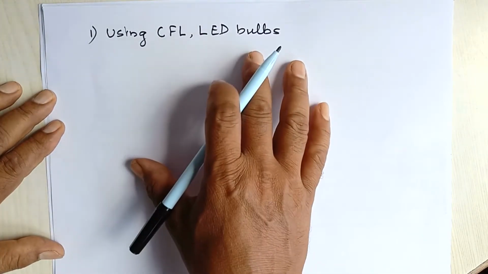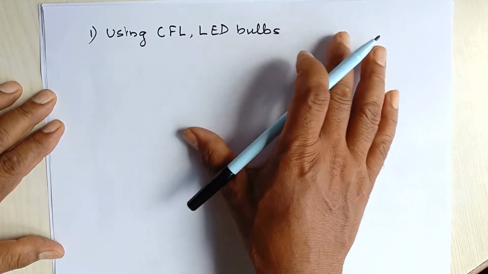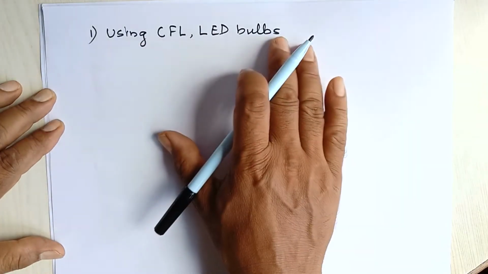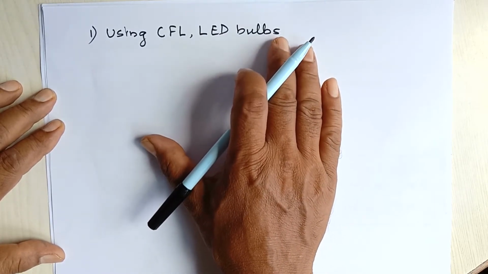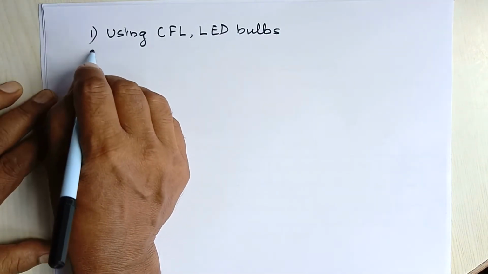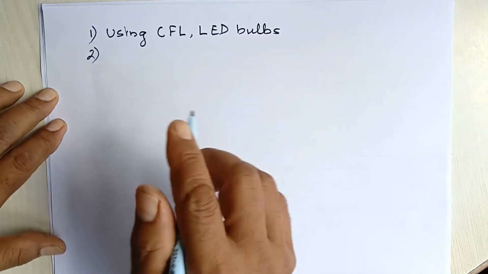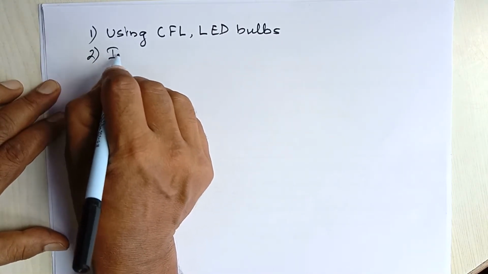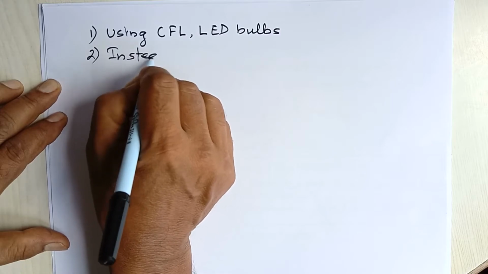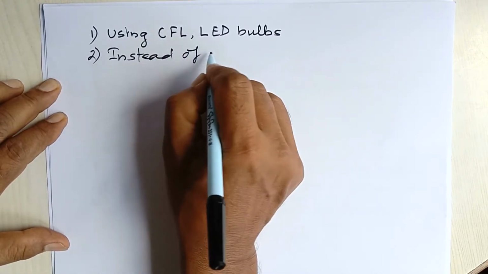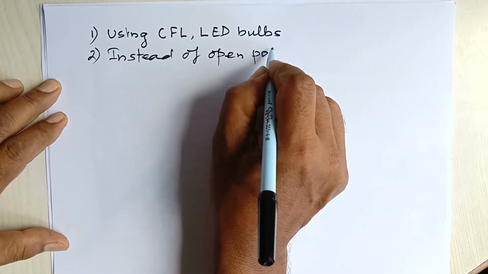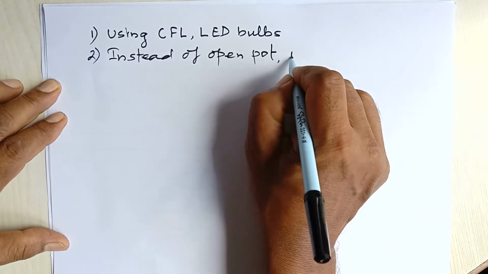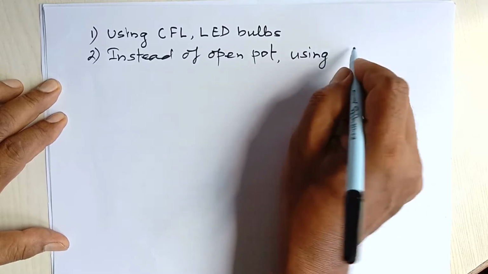So by using these, instead of using high power bulbs, we can conserve energy at home, at the personal level. Number two, instead of open pot, using pressure cooker.